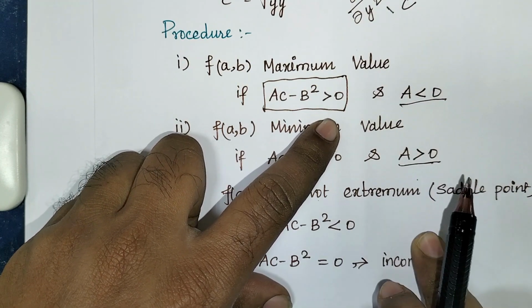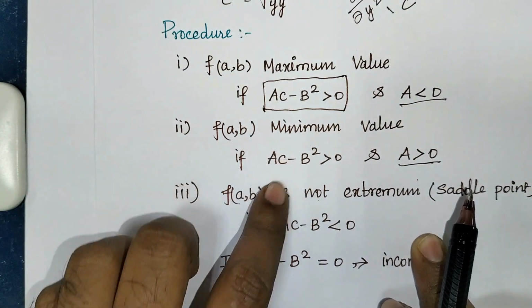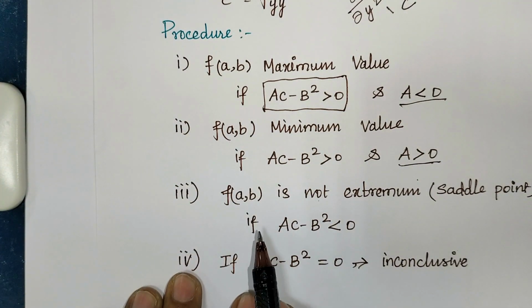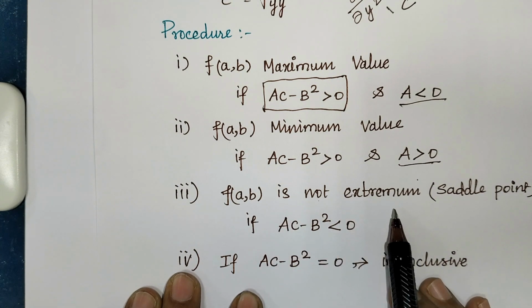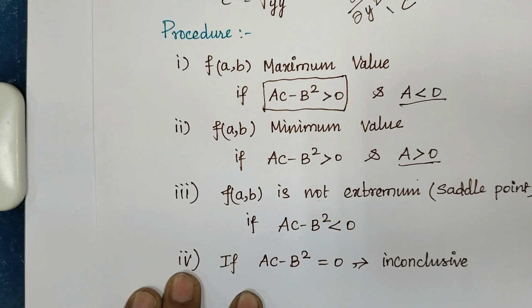Otherwise we cannot find the maximum and minimum value. And the third one is where the function is not an extremum. Extremum means maximum or minimum, so it is not a maximum and not a minimum.